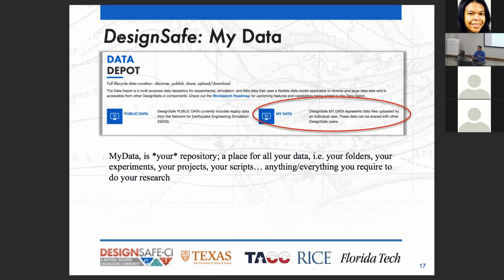Like I said, this is your repository. It's a place for all of your data. This is where you would keep your folders, create your experiments, create your projects, and any scripts that you require to run on any of the apps. This is where you would essentially host those. You can upload existing scripts, you can save your scripts here, and you can share them out. We'll go into some hands-on detail here in a little bit.